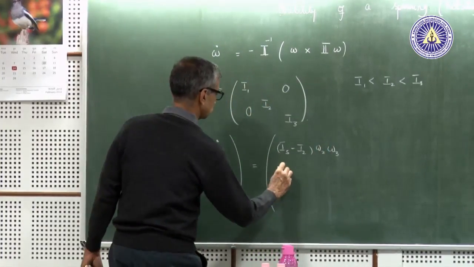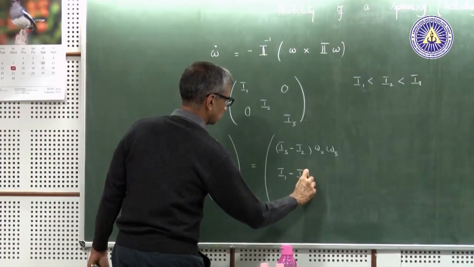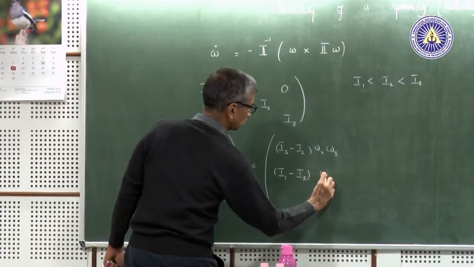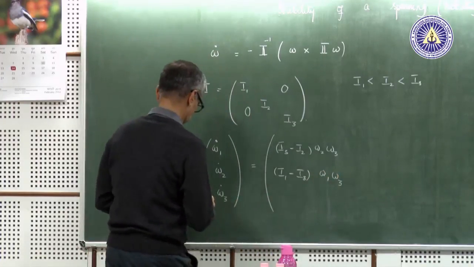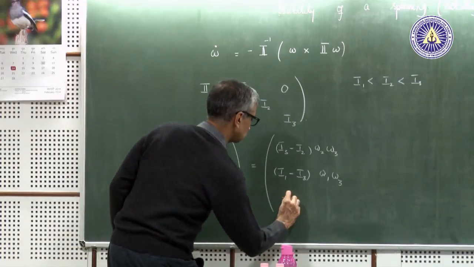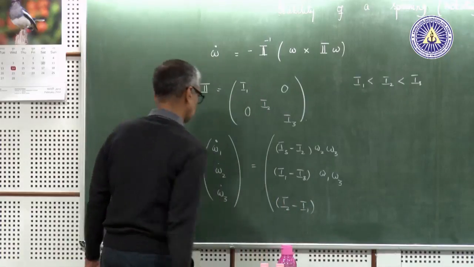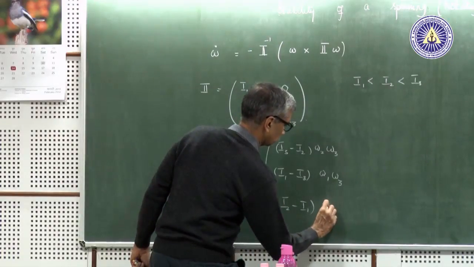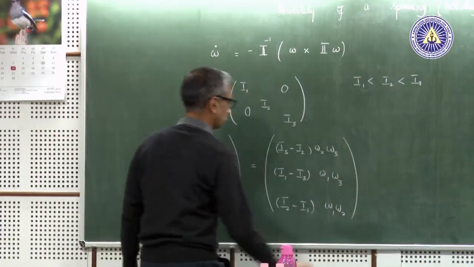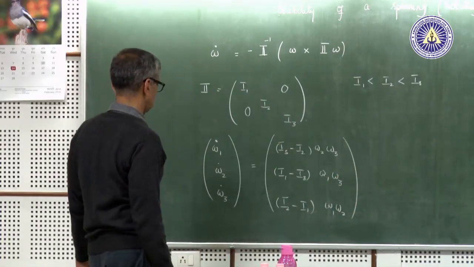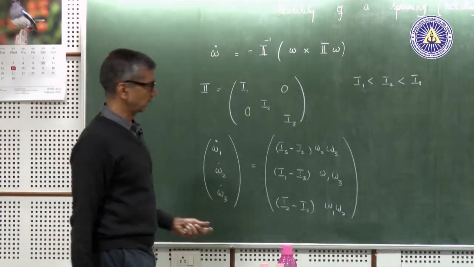Then I1 minus I3 omega 1 omega 2... I2 minus I1 omega 1 omega 2. Is that correct? All right.